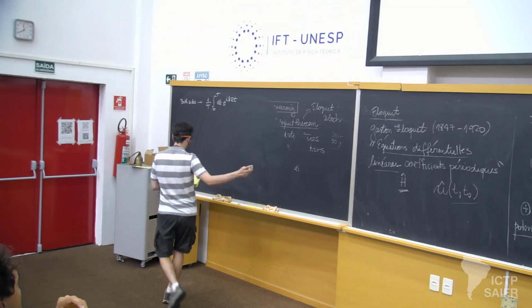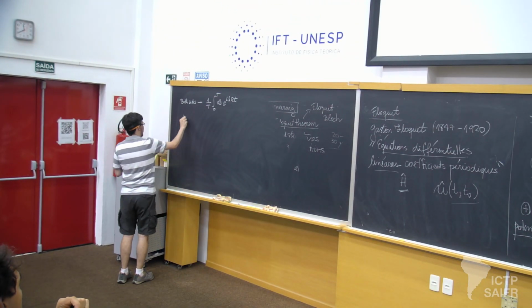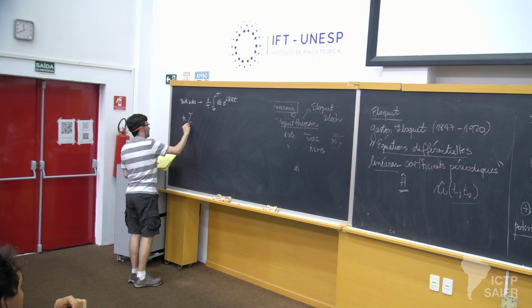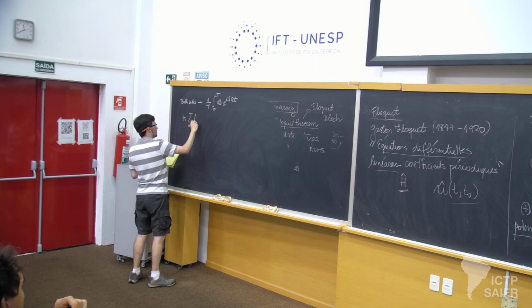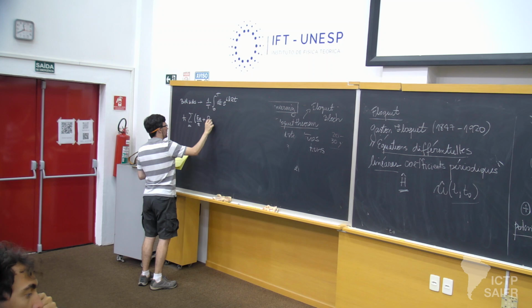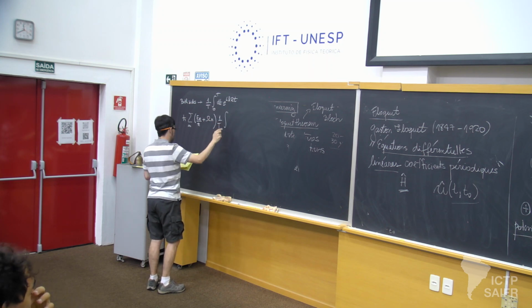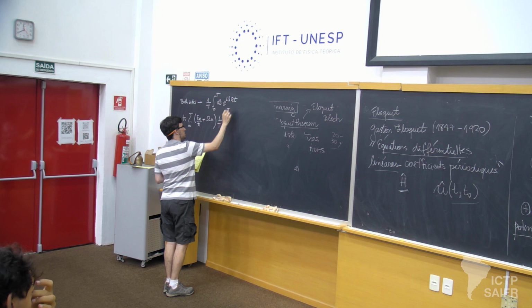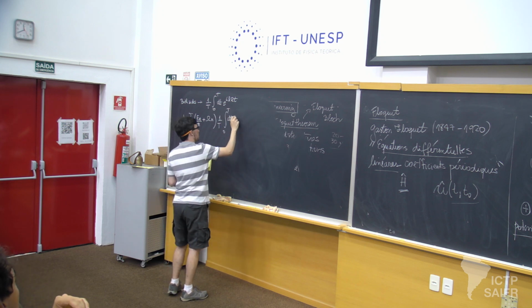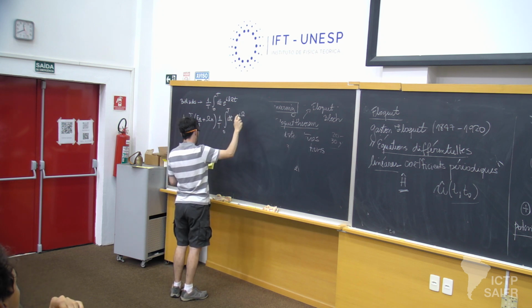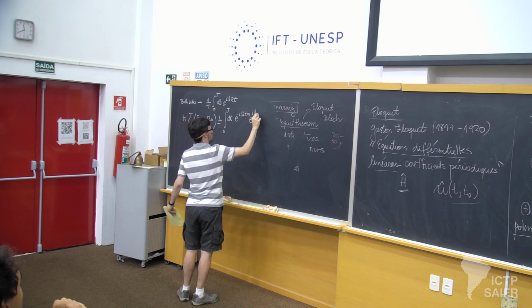So just doing that procedure, you'll find the following: h bar, sum over n, E_A divided by h bar, plus omega n, 1 over T, integral from 0 to T dt e to the minus i omega t n e to the i L omega t.